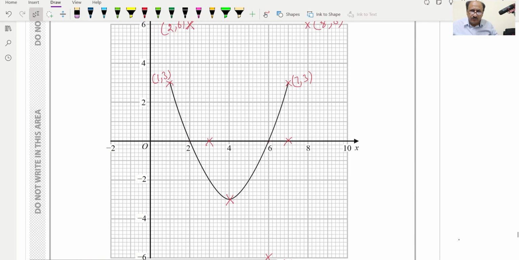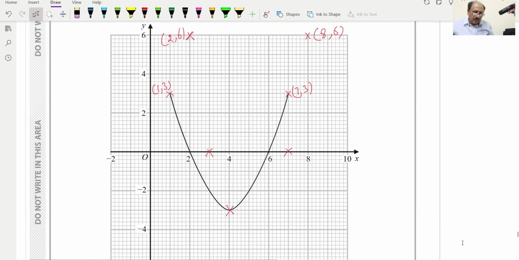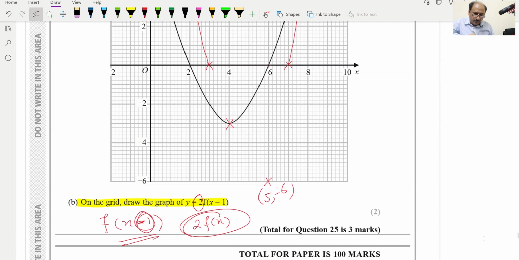And now we have to basically sketch the graph, and sketching the graph will be just joining these points. 5 and 6 basically we have taken wrongly. So 5, 6 will be this point over here, and we can join over here, and this will be 5 and minus 6 over here.